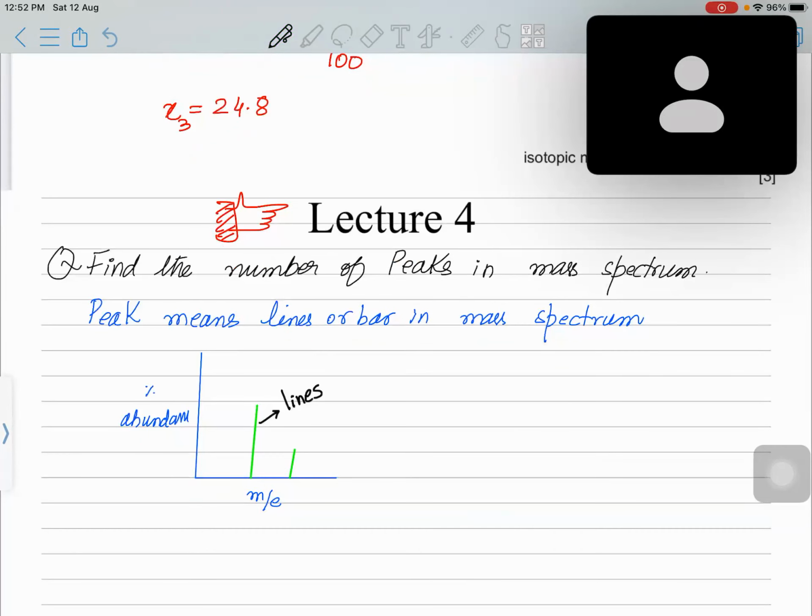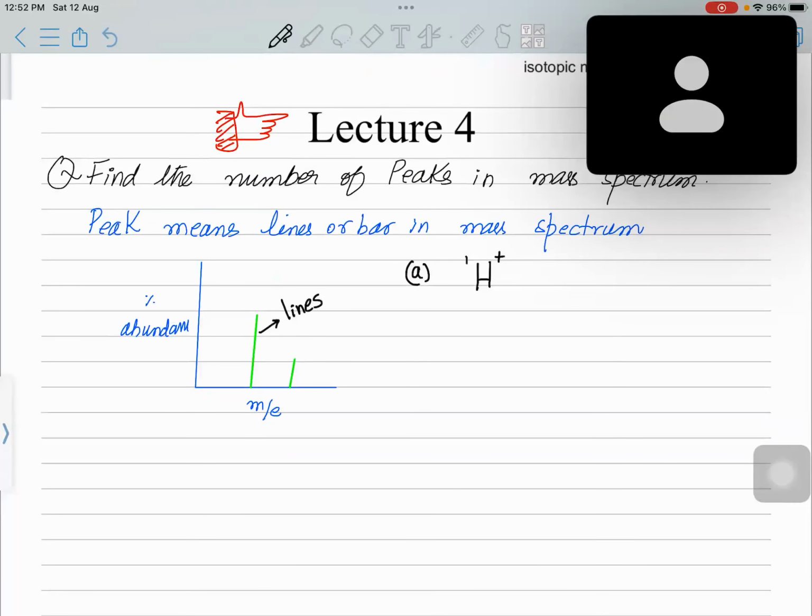Now, question number 1. Hydrogen. Can you tell me how many isotopes hydrogen has?